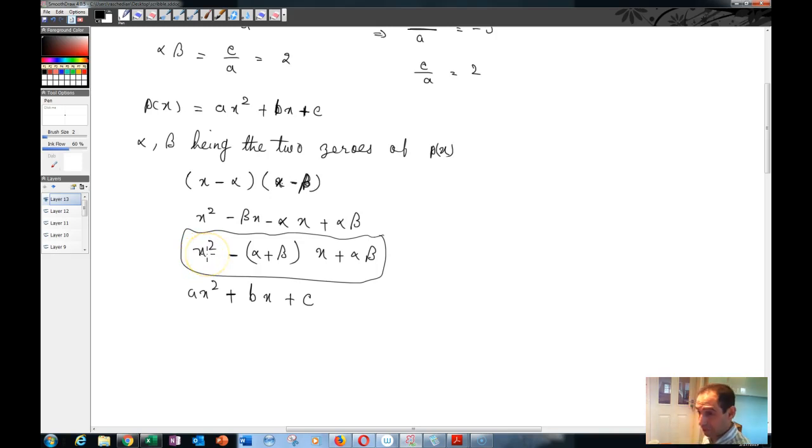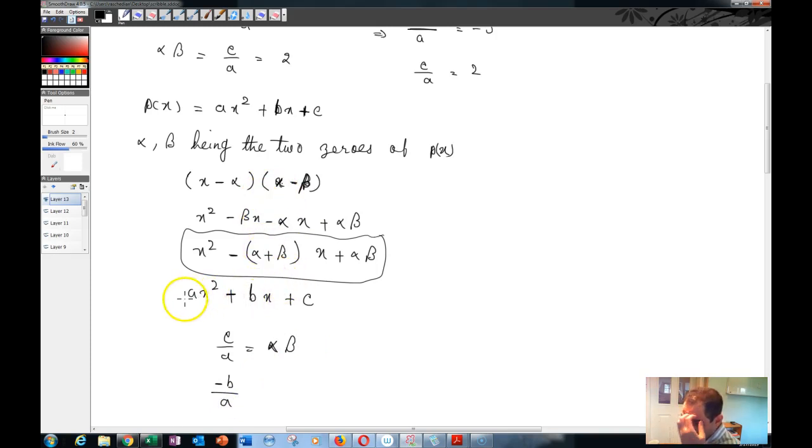Okay, so that's basically the relationship that I can find over here. For example, c by a would be alpha beta, and negative b by a.